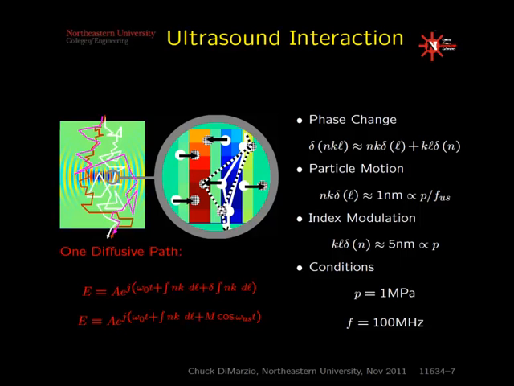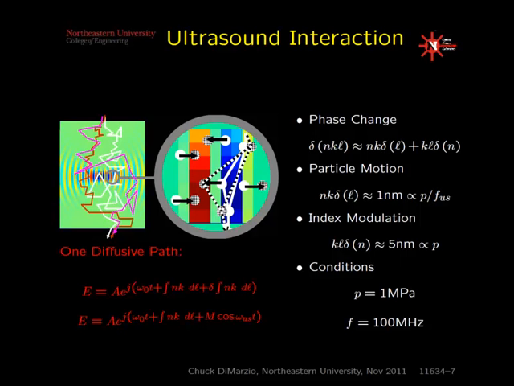As the scatterers move and as the pressure changes the index of refraction, these optical path lengths are going to change. They're going to change in unpredictable ways, depending on exactly where I go through the ultrasound and what direction the motion is. So although there's a change in the optical path length that is at the ultrasound frequency, the phase of it is going to be fairly unpredictable with respect to the ultrasound frequency.